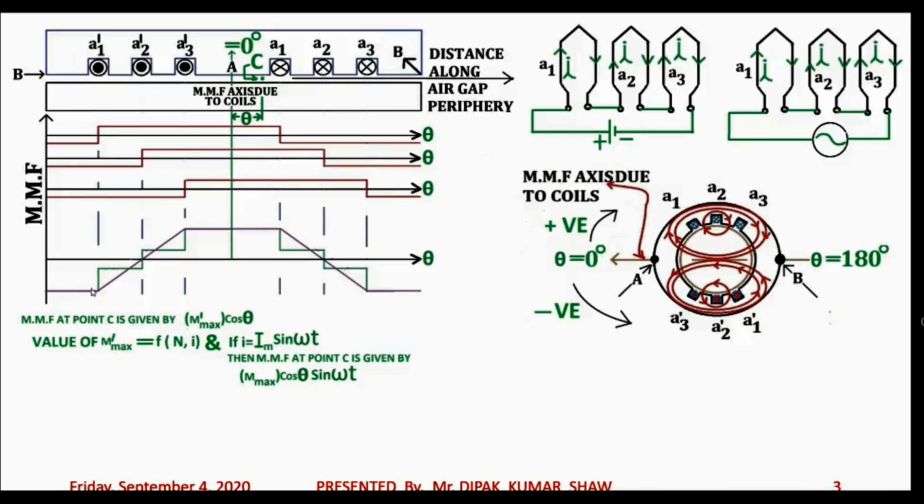So this trapezoidal MMF waveform can be replaced by a sinusoidal MMF waveform, and the peak of that sinusoidal MMF waveform will happen along this axis, which is the MMF axis due to the coil.